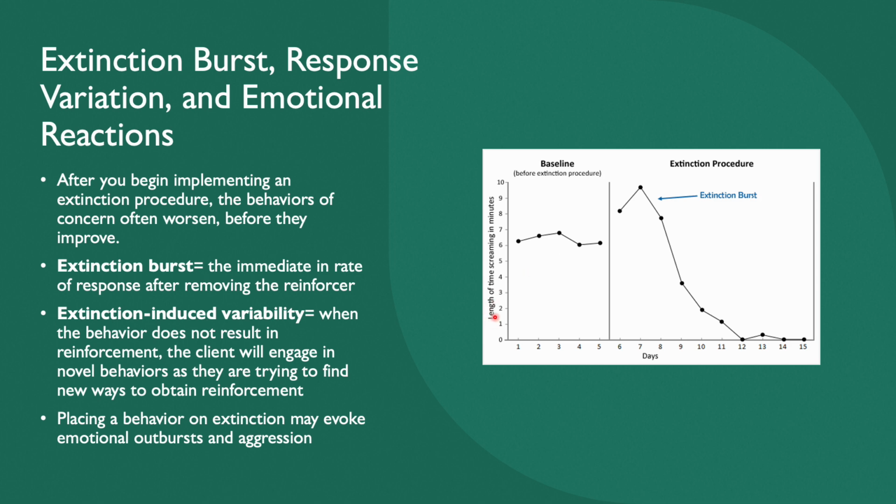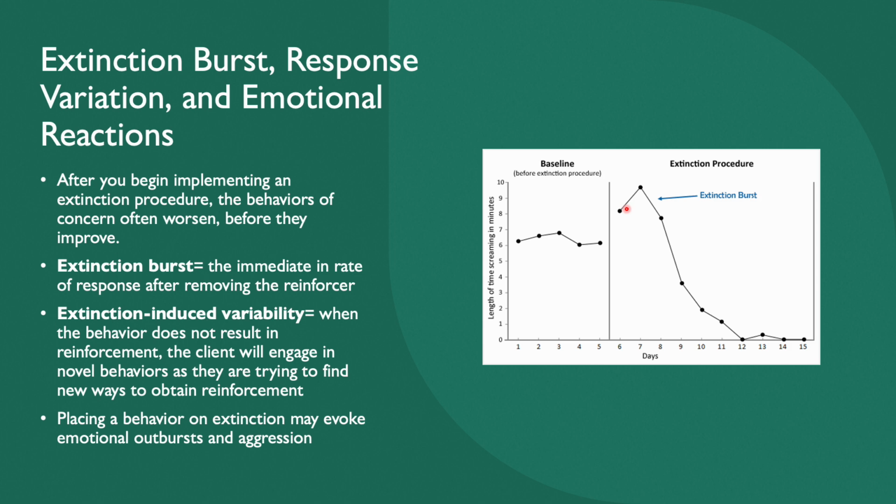This particular graph is showing the length of time a client engages in screaming in minutes. This is the baseline here. Then we add our phase change line, which is going to let us know when we are beginning our treatment. And so then here we begin the treatment phase, which is the extinction procedure. And so this increase in duration that you see here is the extinction burst that I'm referring to, okay?